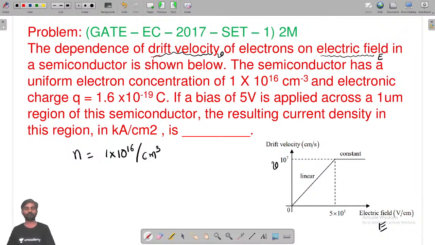Very good. And charge Q we already know, Q is 1.6 into 10 to the power of minus 19 coulombs.